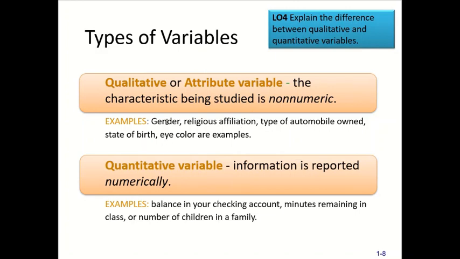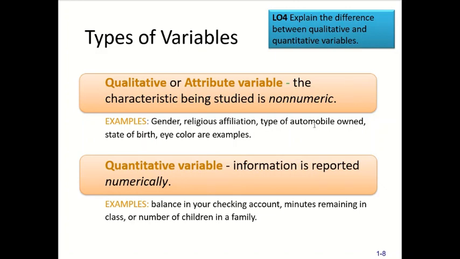For example, gender is male or female. Or religious affiliation: whether Hinduism, Christianity, Sikhism, Jainism, Buddhism, or even Islam. All these classifications are examples of qualitative attributes.